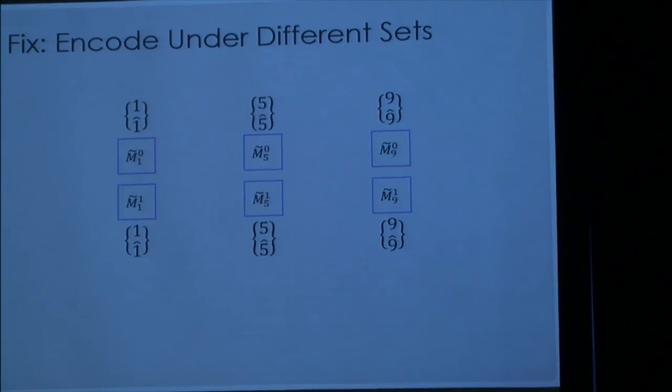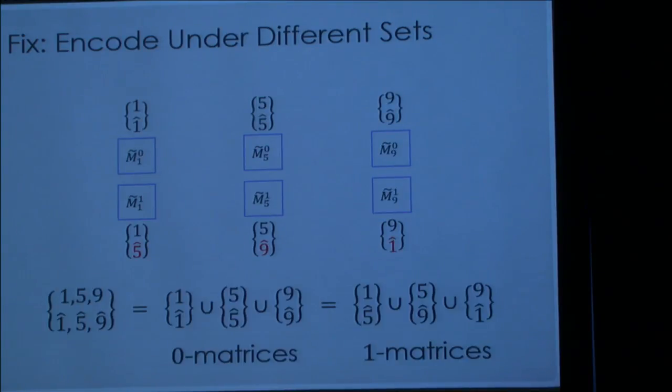But for the 1 matrices on the bottom, we're going to rotate these hats around. So if you stare at this for a second, you can see that now the only way to collect all of these integers is by combining together either the matrices on the top or the matrices on the bottom, but you cannot do it by mixing the two.